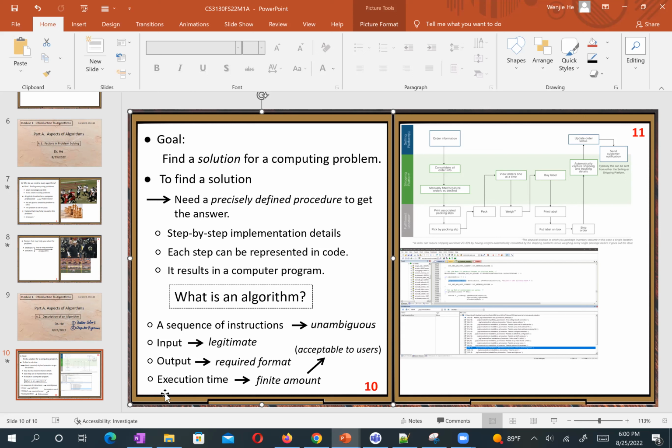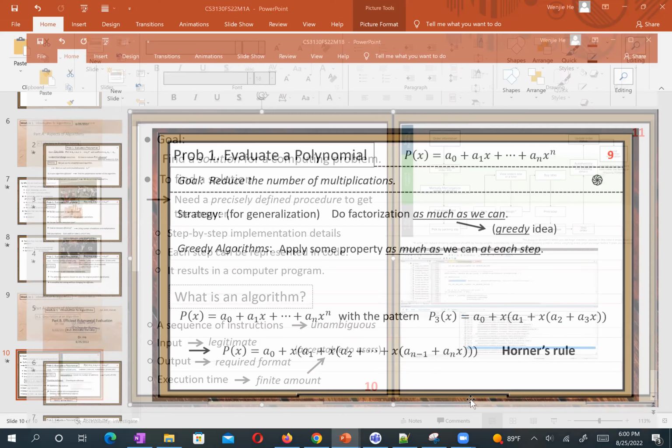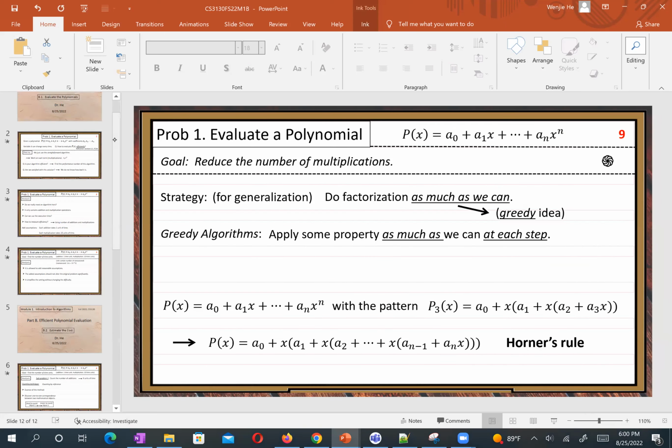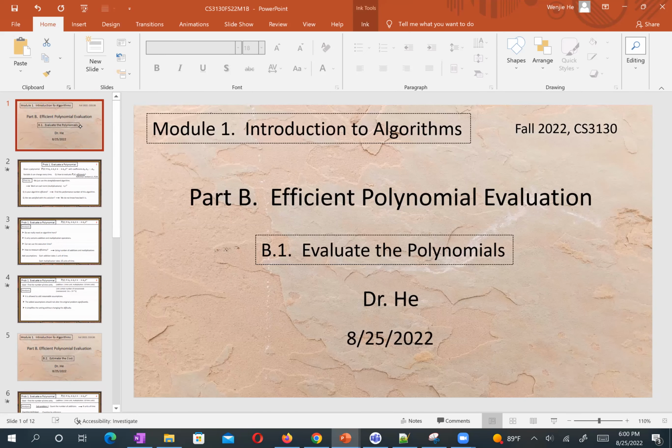Because in the middle of the presentation, I would like to run from beginning to end. First, let me switch to the new PowerPoint slides, part B. I haven't posted it. After the class, I will post it.